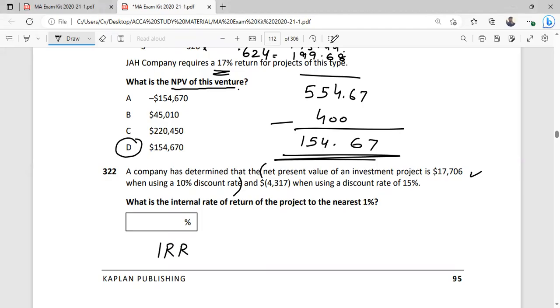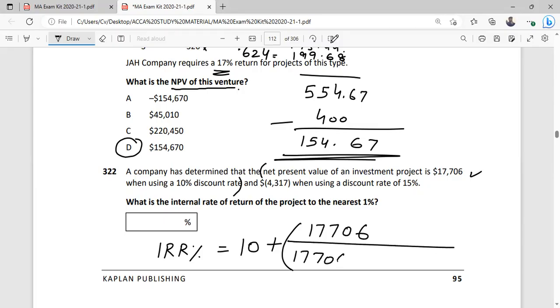Calculate IRR percentage is equal to lower discount rate 10 plus highest NPV 17,706 divided by highest NPV 17,706 plus 4317 into difference between high and low discount rate.